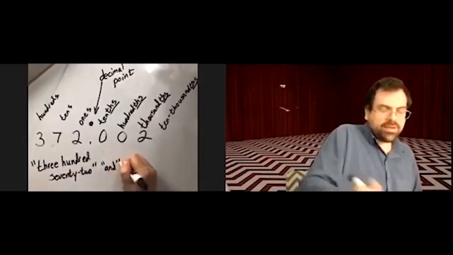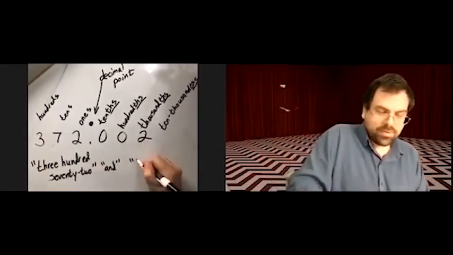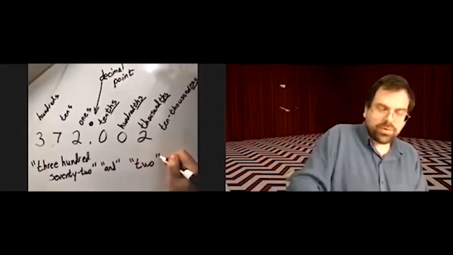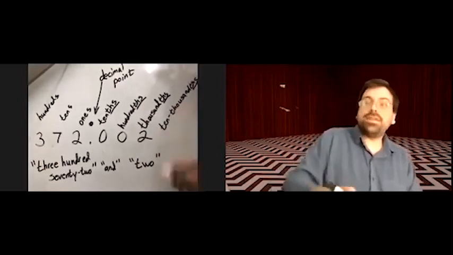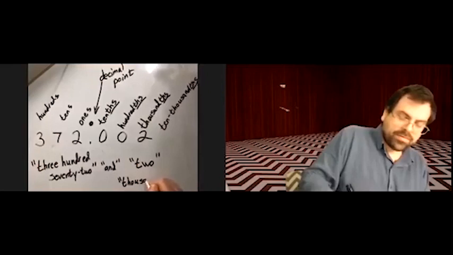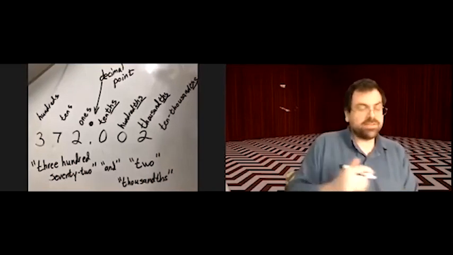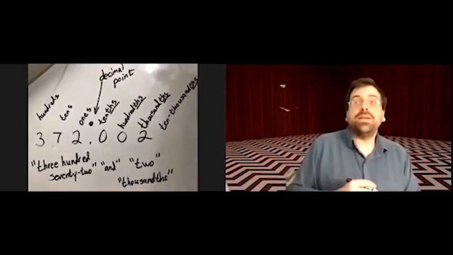And how do we say 002? 2. And where does it end? Thousandths. 372 and 2 thousandths is how we say this number properly.